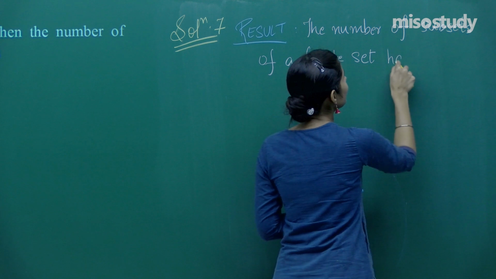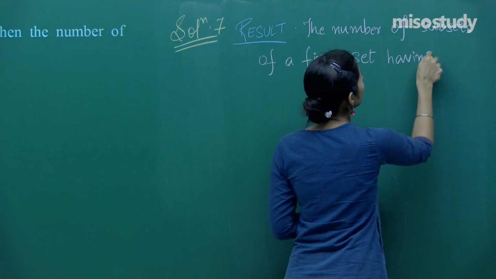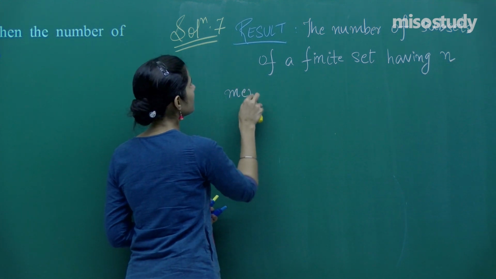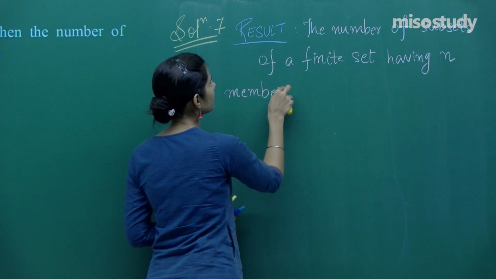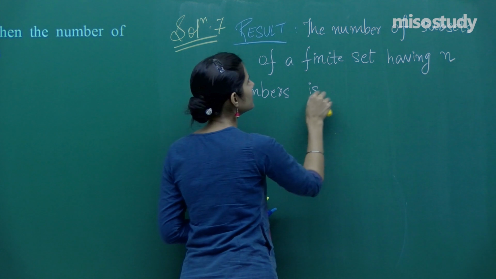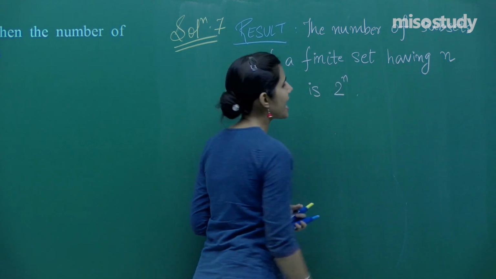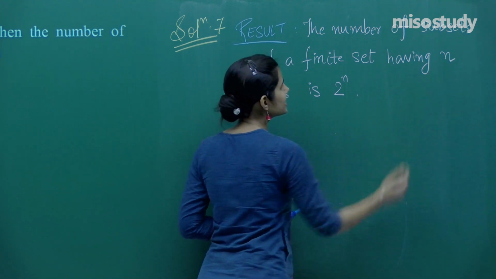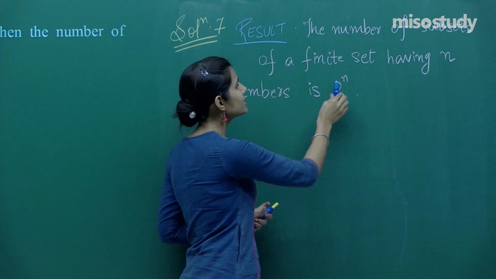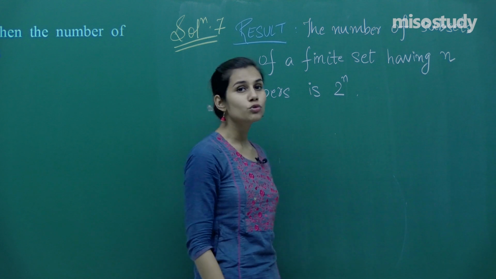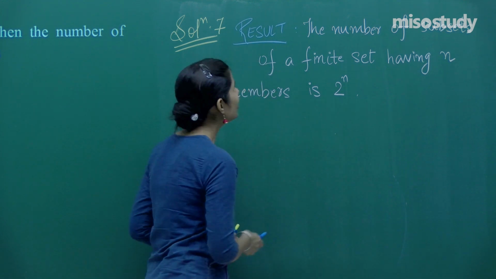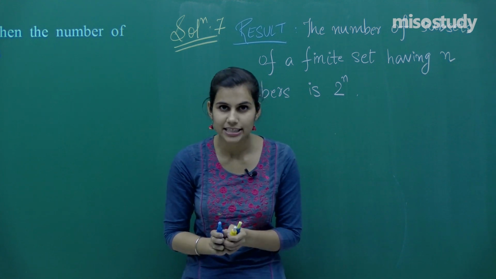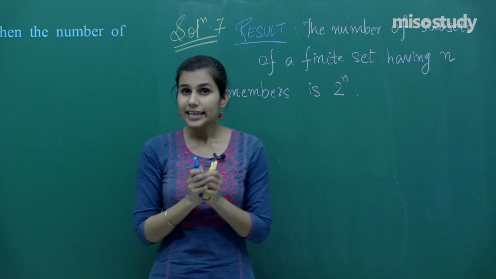That means the cardinality is given to you to be n. Is 2 to the power n. How many members are sitting in a finite set? Then just take the power of 2 to that particular n and you will obtain the number of subsets of this finite set.